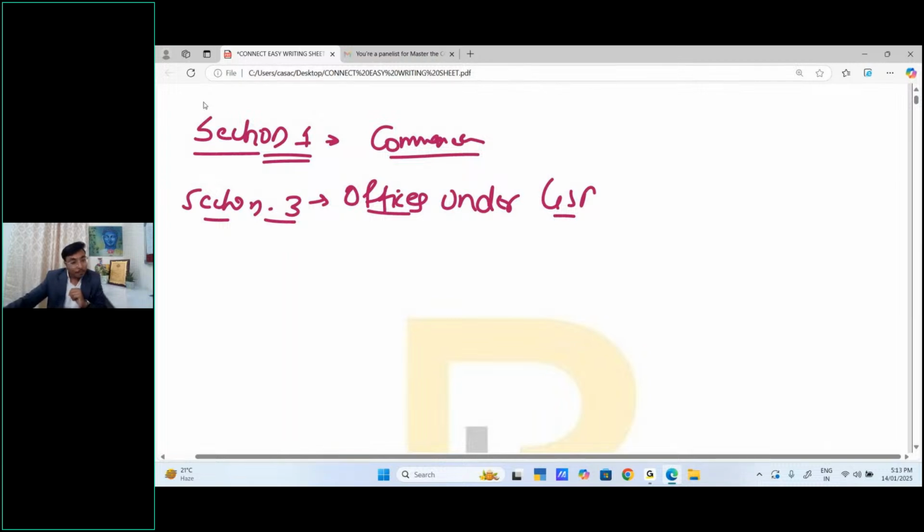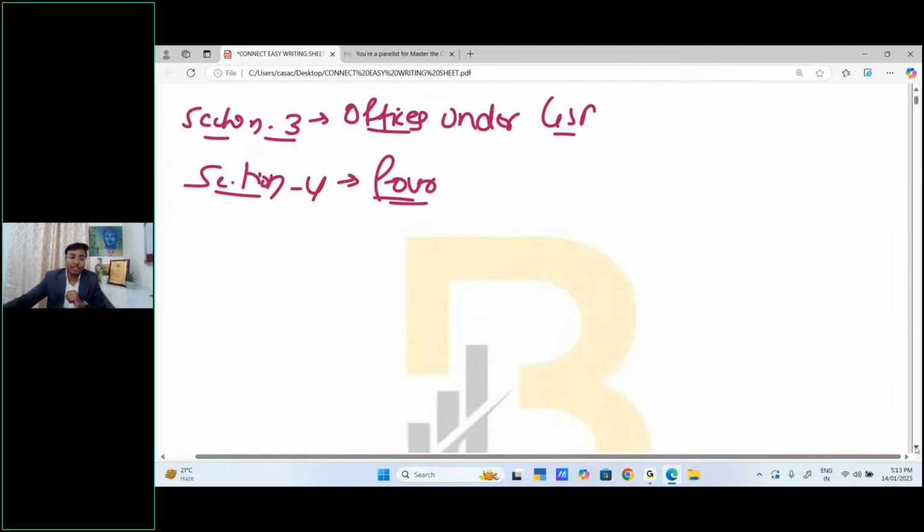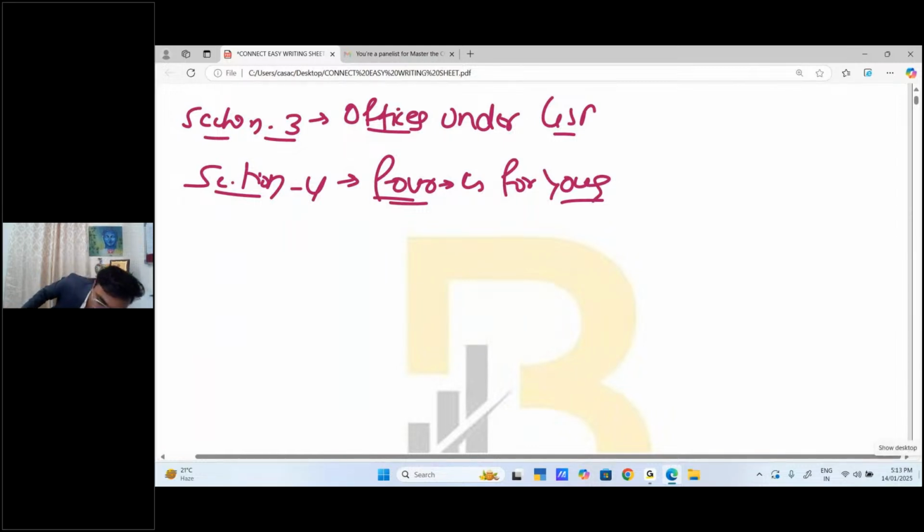Section number 4. Just try to link this number 4 with the word for: section number 4 is for your, that is appointment of the GST officers.